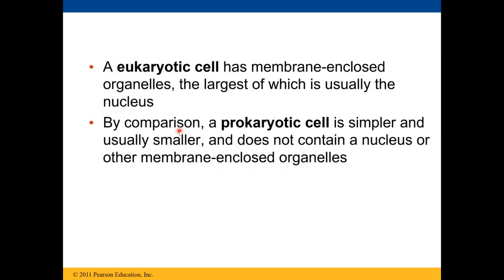We have two types of cells on our planet, eukaryotic and prokaryotic. Pro is a term that means early or first, and karyotic is derived from the Greek word karyon, which means kernel or seed, like a corn kernel is a seed. And so that refers to the DNA.